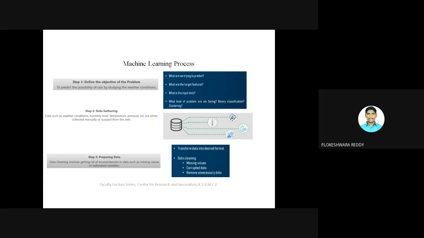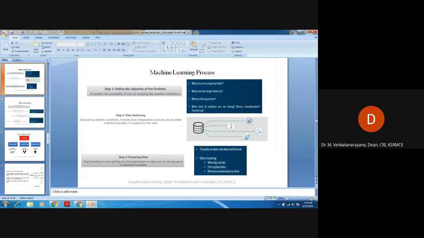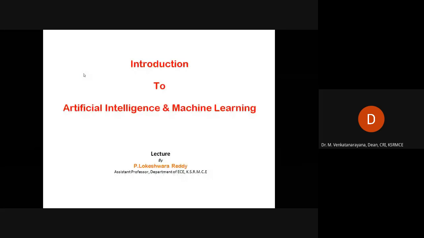Excuse me, Lakshwarati. Can you increase the percentage of the screen? The content is not clear, somewhat blurring. Sure. Yeah, it's better to go for 100. Yes, sir. What about now, sir? Now go for full screen. Go to the slide.